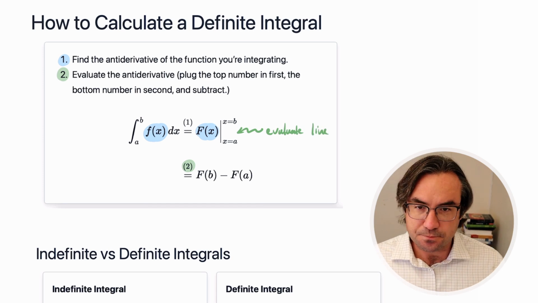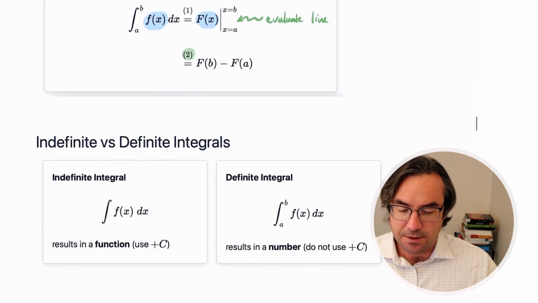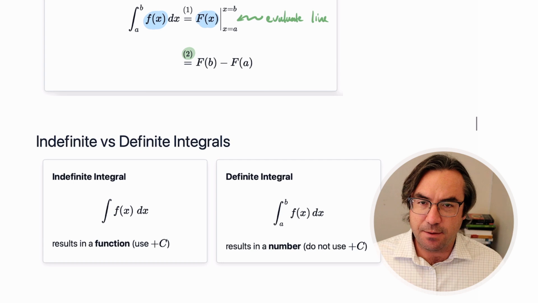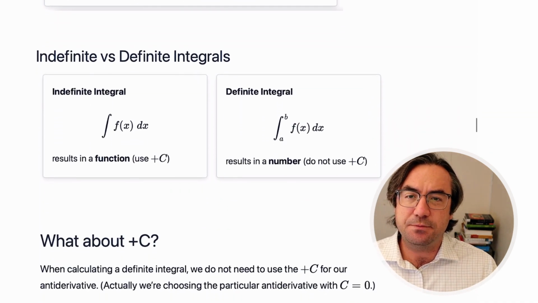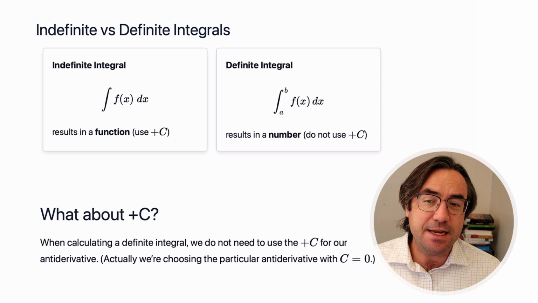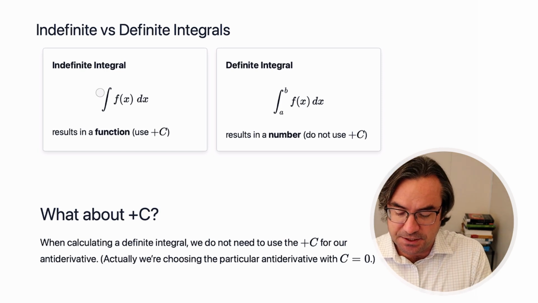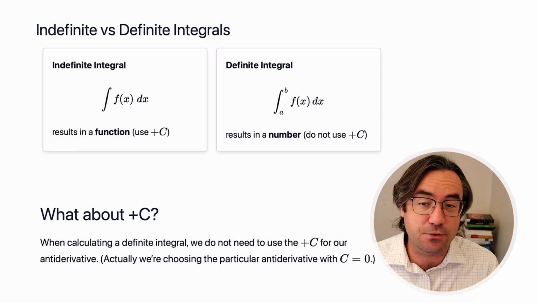We're going to come back to this process and try a couple of examples. But just another comment on the notation. We've seen indefinite integrals. This is the notation we used for finding antiderivatives.